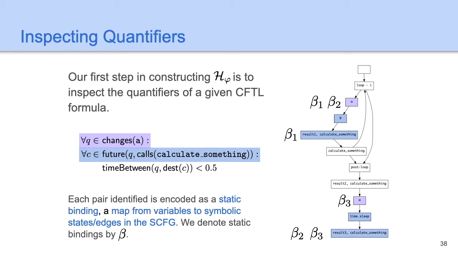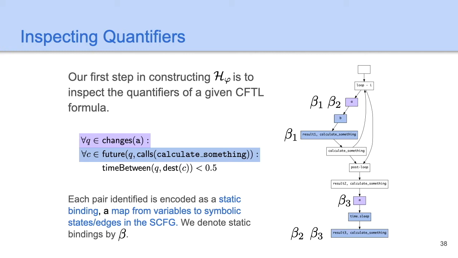So in this case it makes sense that the vertices in the symbolic control flow graph on the right that contain the letter A should be highlighted by instrumentation. Further, for each such vertex that indicates a possible change of A, we have to reach forward in the graph to find pairs of symbolic states whose second symbolic state indicates a call of the function calculate something, and this is how we determine the parts of the symbolic control flow graph that would correspond to the second quantifier.